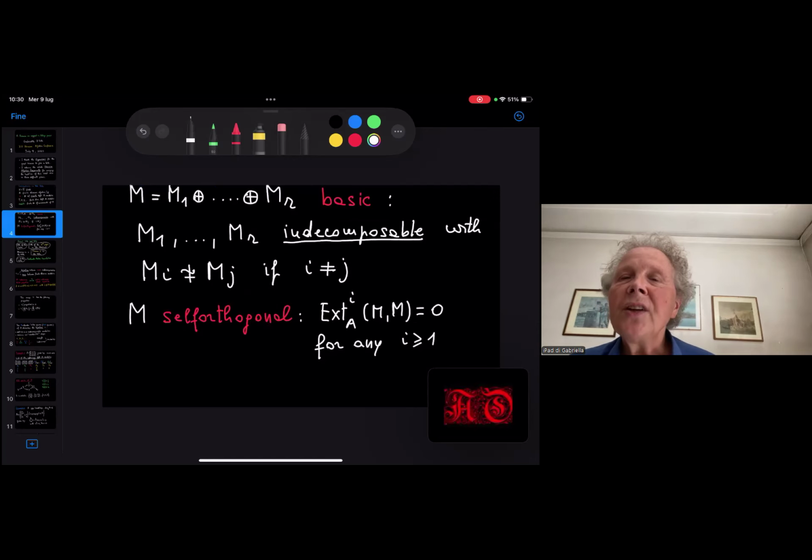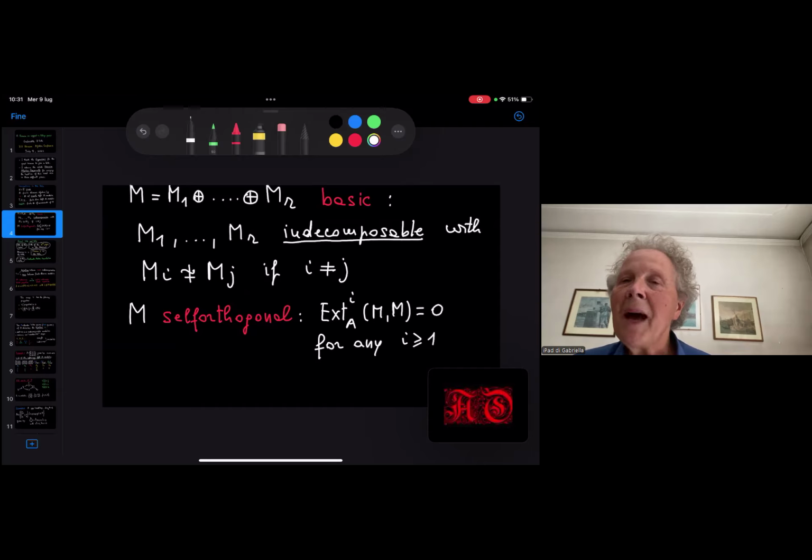About notation, when I write a module in the form M is the direct sum of M1, M2, and R, and say that M is basic or multiplicity free, I mean that the summands M1, M2, and R are indecomposable, pairwise non-isomorphic.